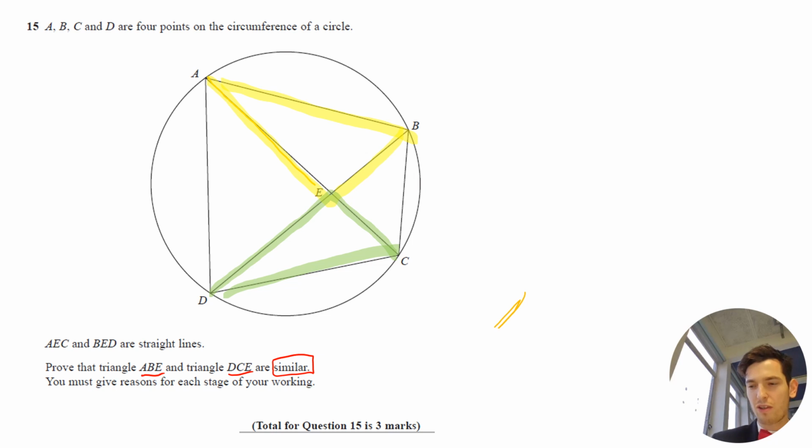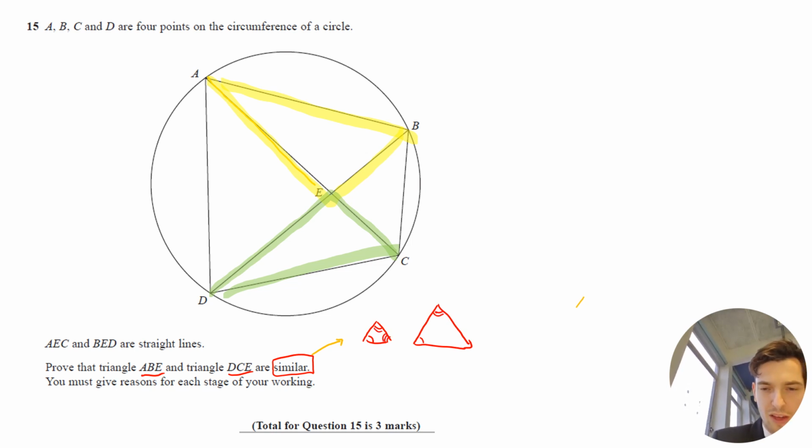So I need to prove that those two triangles are similar. Now actually to do this, we've done lots of work in class on congruence proof, but if two triangles are similar, they're not necessarily the same size, but they do have the same angles. So for example, this triangle and this triangle, they're different sizes, but they're similar because all of the angles are the same.